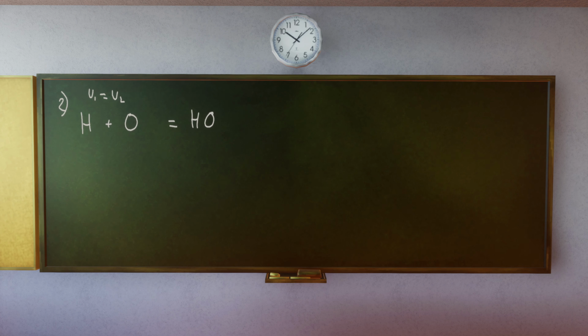Okay, let's look at the second reaction: hydrogen plus oxygen. The pressure ratio was 1/0.775, which is a strange number, but this means pressure was decreased after the reaction. It means the molecular count was decreased.